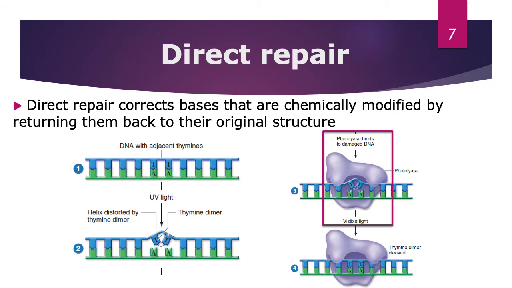These thymine dimers can be removed by an enzyme called photolyase, which will recognize the thymine dimers and bind to the DNA where the thymine dimers are present. Once photolyase binds to them, it can remove the bonds that form the thymine dimer in the first place and restore the DNA structure back to its original form.